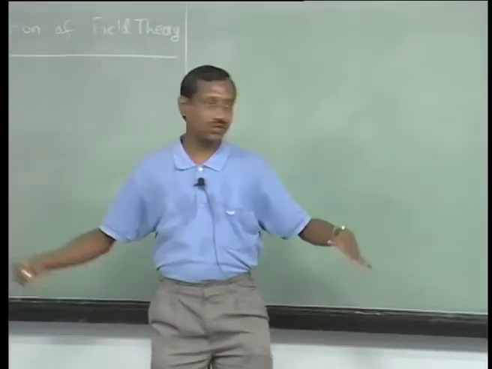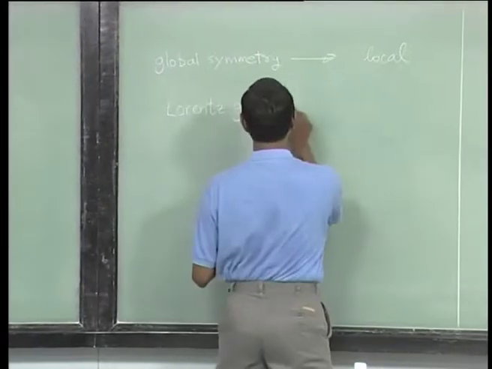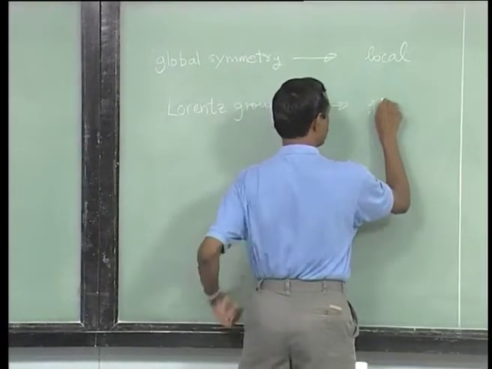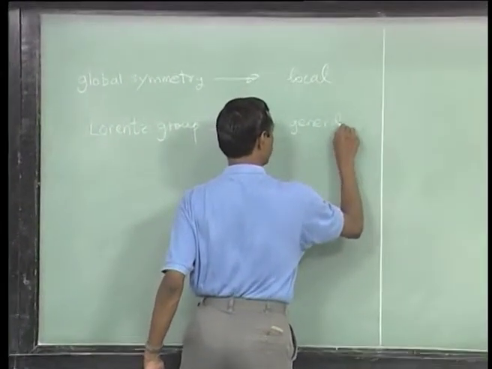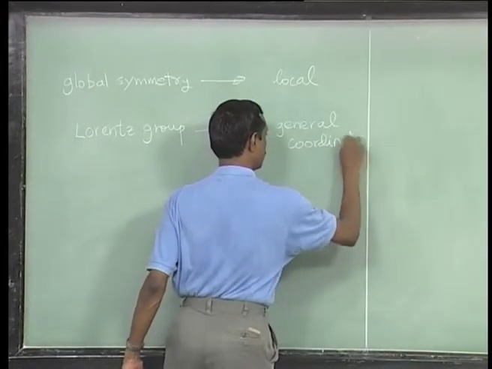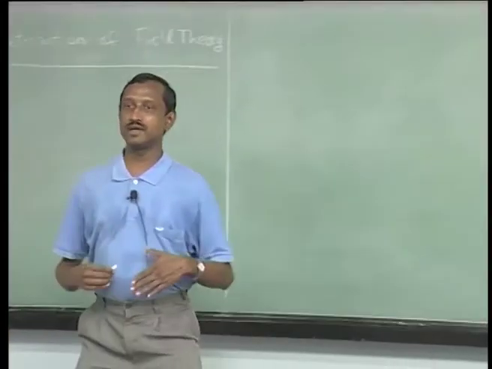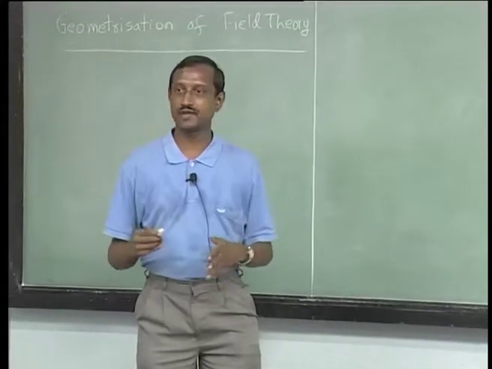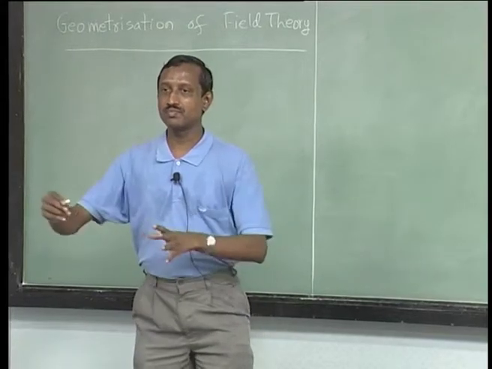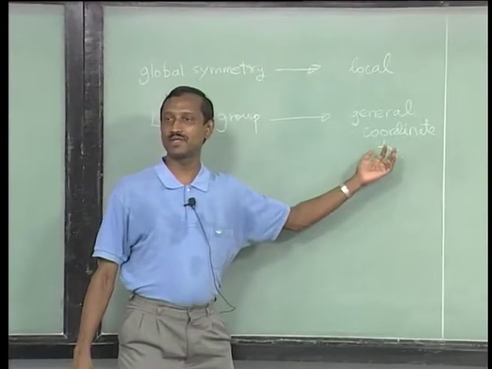Once you make it local, it just corresponds to general coordinate transformations. So even things like translations fit into that. So the whole Poincaré group becomes subsumed by this, because they are examples of special cases.